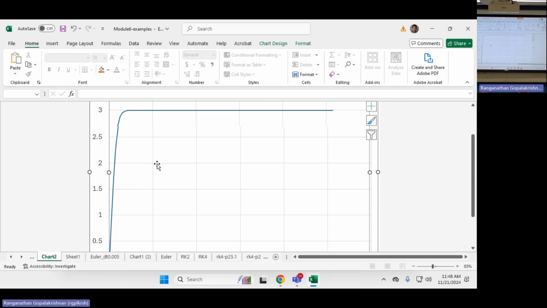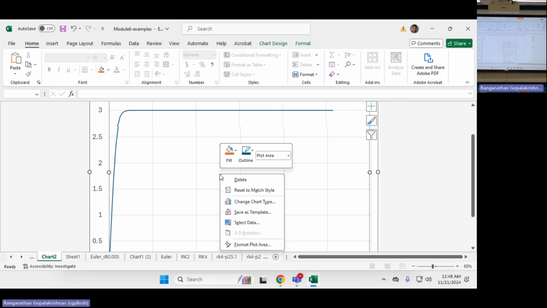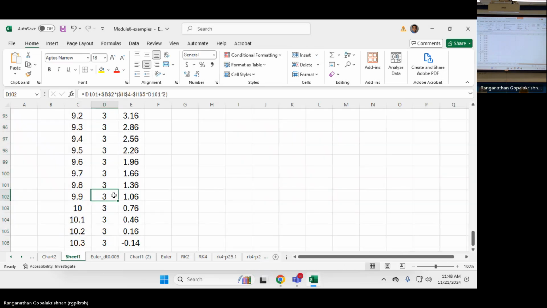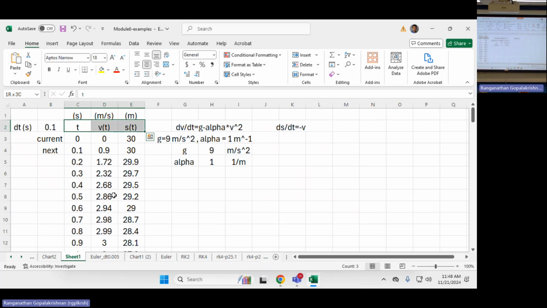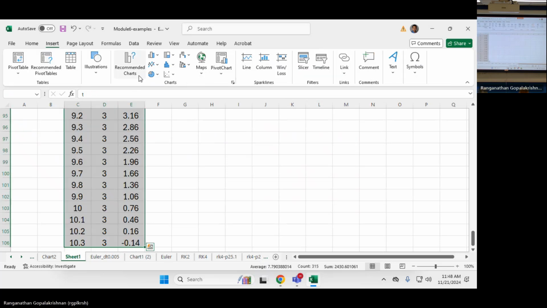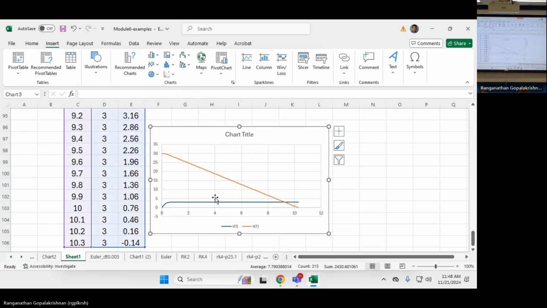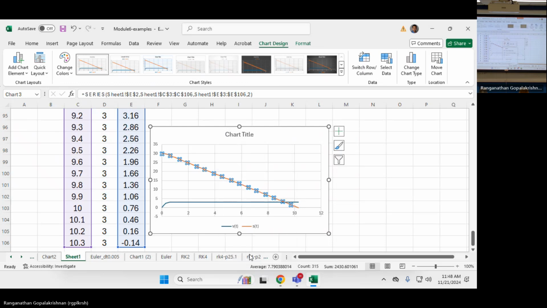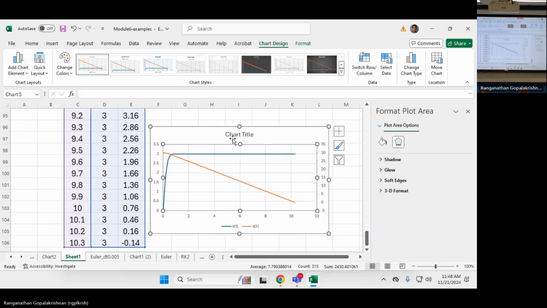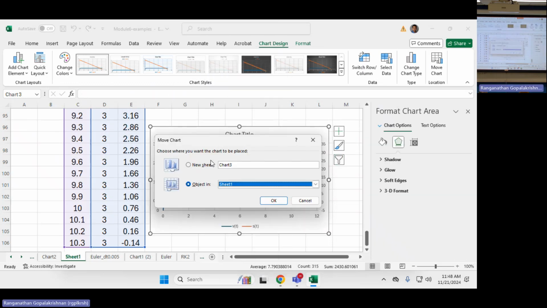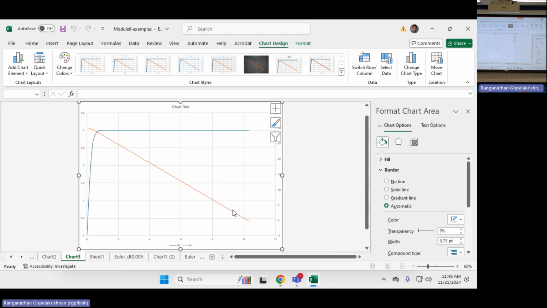And what about if I plot the position? The position as a function of time. So here is both the speed and position.